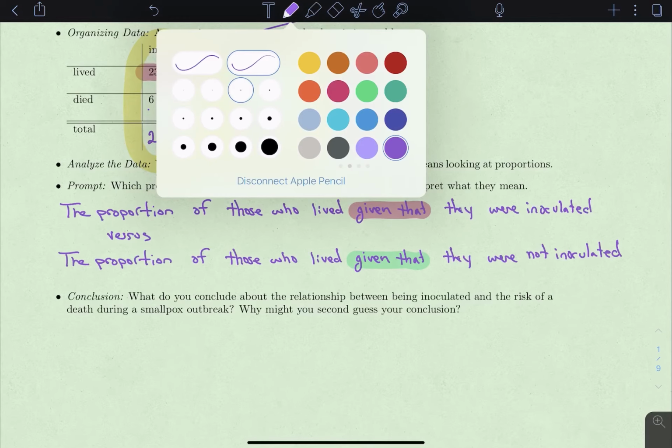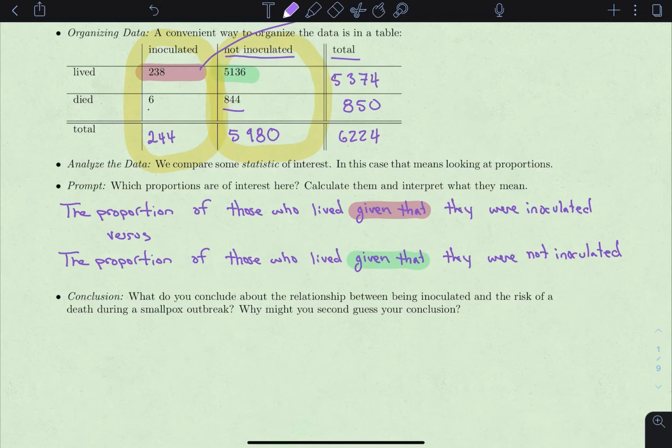So the proportion of those who lived given that they were inoculated, that's going to be 238 out of 244. And the proportion of those who lived given that they were not inoculated is going to be 5,136 out of 5,980.